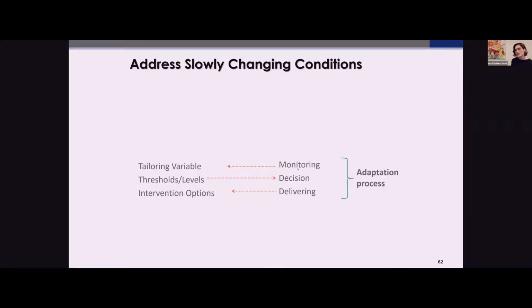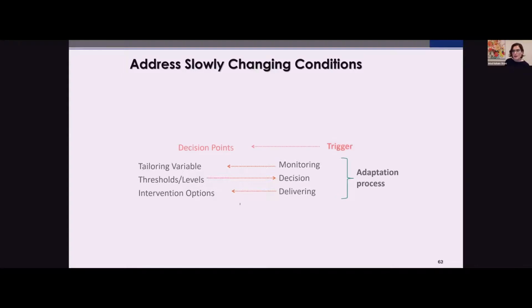All right, so when people talk about the adaptation process, that's exactly what they mean. It's a process where you monitor people continuously to measure the tailoring variable, right? And then you use thresholds or levels of the tailoring variable to decide which component to deliver. And then you deliver the recommended intervention components, right? So that's the adaptation process.